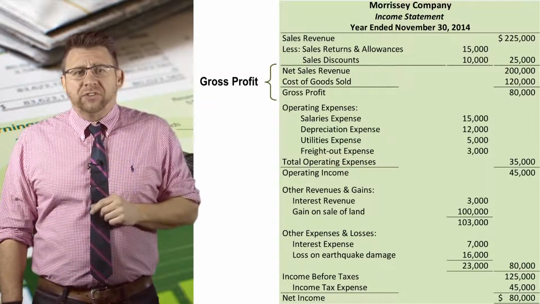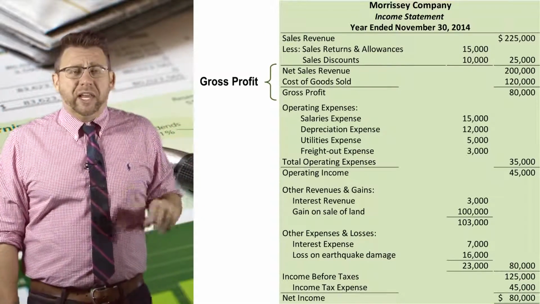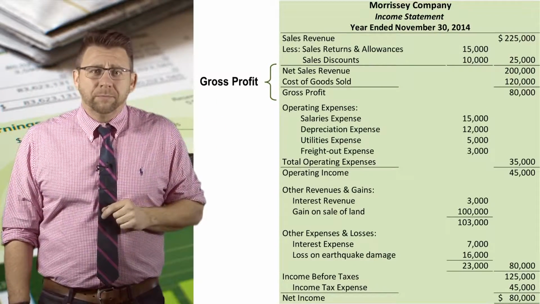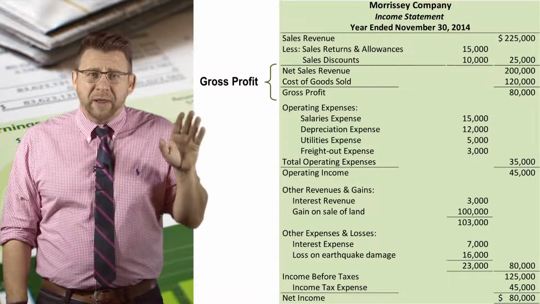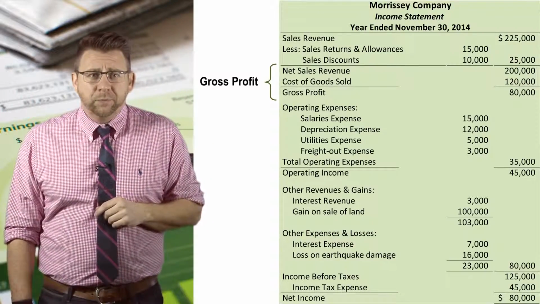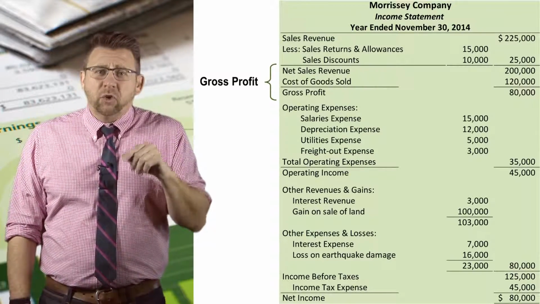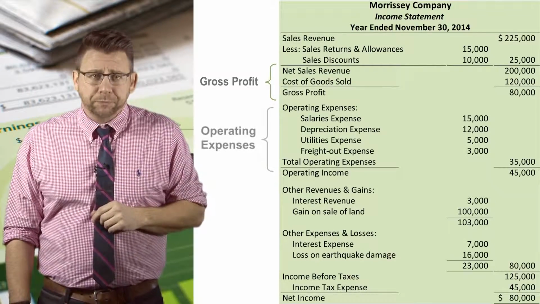The next important subtotal is gross profit. This is calculated by taking net sales revenue minus cost of goods sold. At this point, cost of goods sold is the only expense deducted in this section. You recall that gross profit is the amount that inventory was sold for more than the cost of inventory.